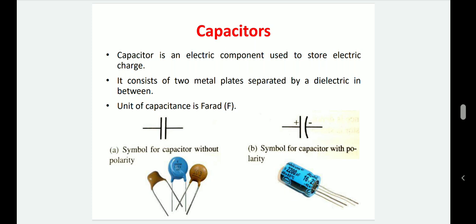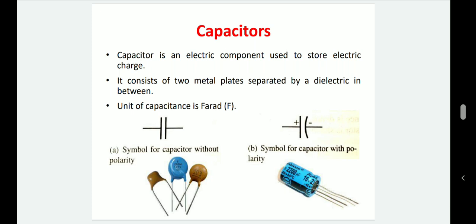Whenever a voltage source is connected across a capacitor, it stores energy. In other words, it stores energy in its electric field.